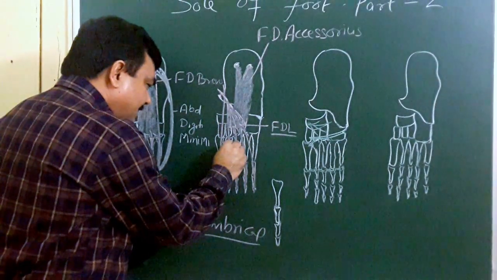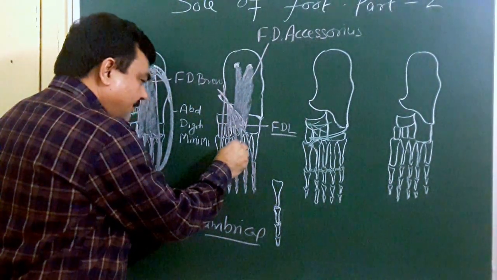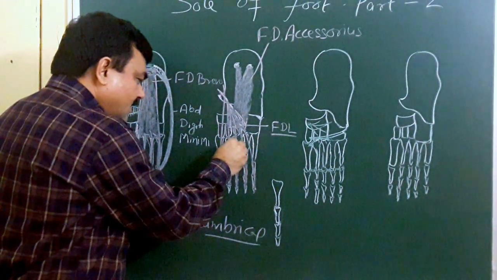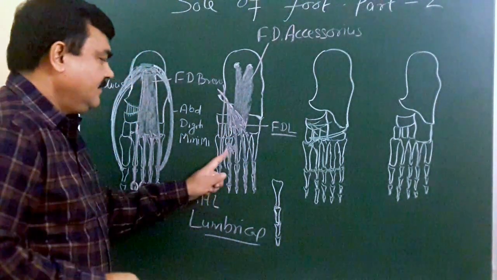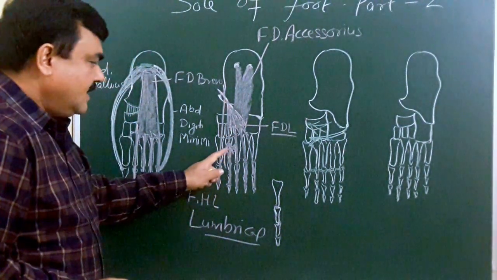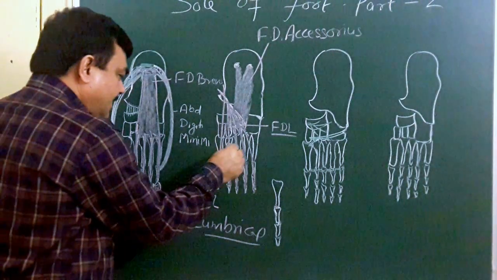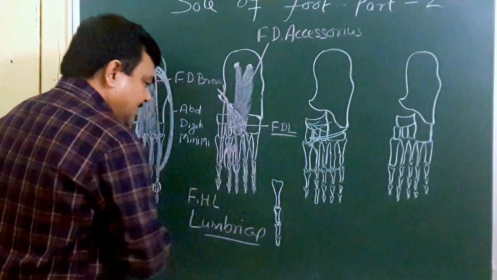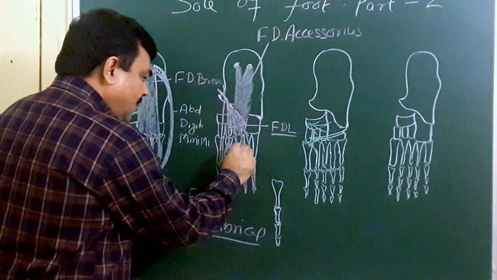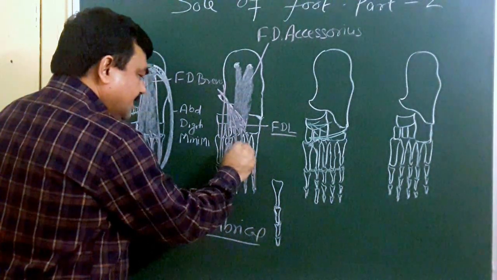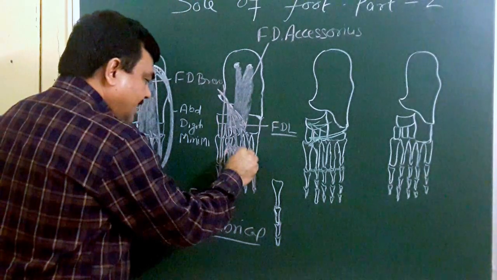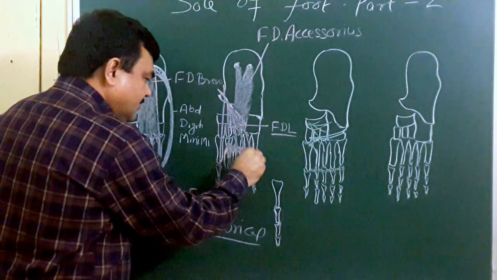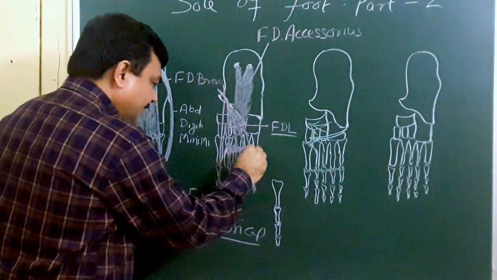And the second lumbrical takes origin from two adjacent tendons, that is the first and second tendon, and it passes like this. In the same way, this is the third lumbrical, and this is the fourth lumbrical.